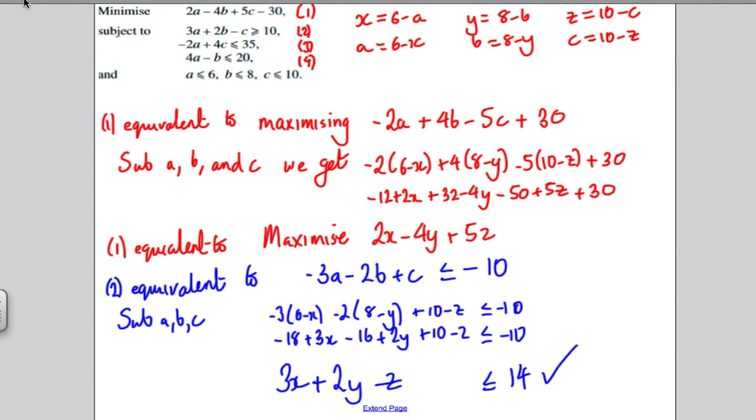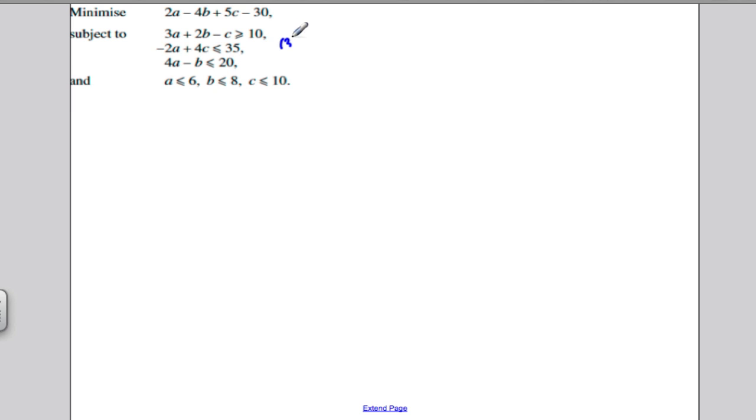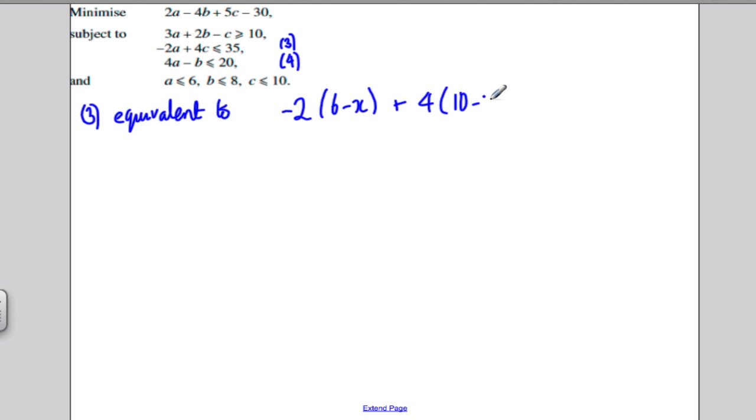Okay, let's continue. Let's have a go at line 3 now. Line 3 and 4 should be slightly easier. 3 is equivalent to minus 2, a was 6 minus x, plus 4, c was 10 minus z, less than or equal to 35. And this should be quite easy to tidy up. Minus 12 plus 2x plus 40 minus 4z less than or equal to 35.